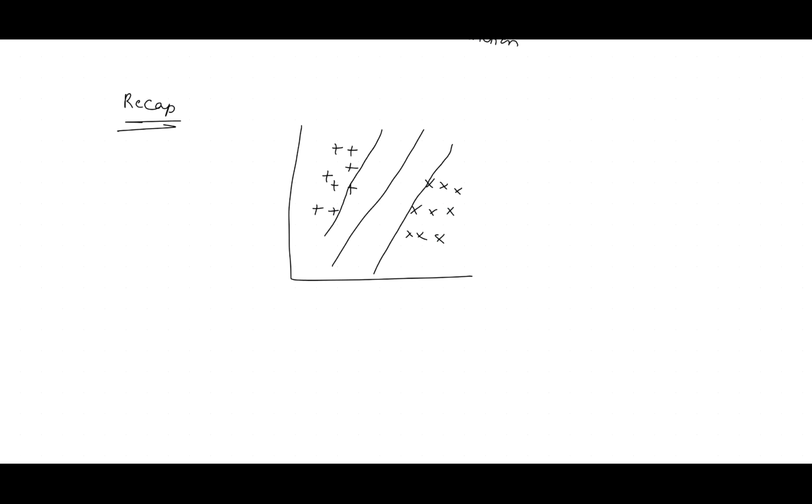This is positive, this is negative, this is D2, this is D1, and this is called margin. This is the distance between the negative data points or support vector to this line, and this is the distance between the positive data points to this line, and the total is called margin. This completes the picture.